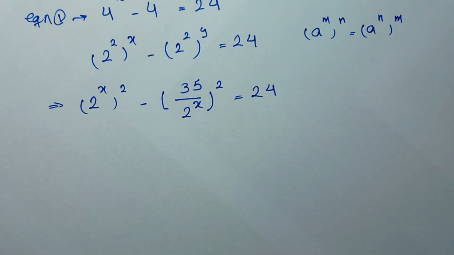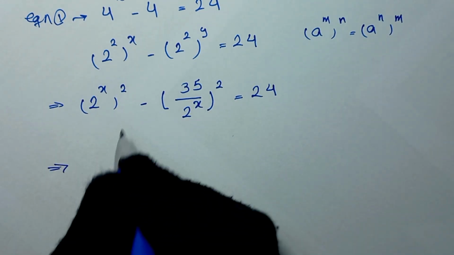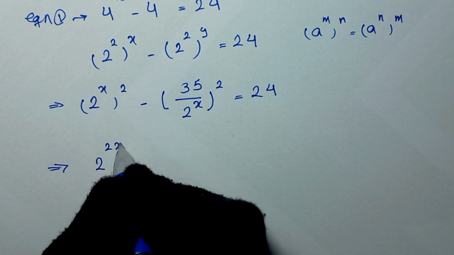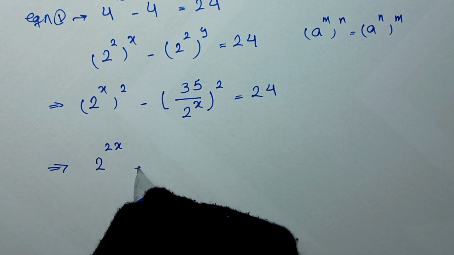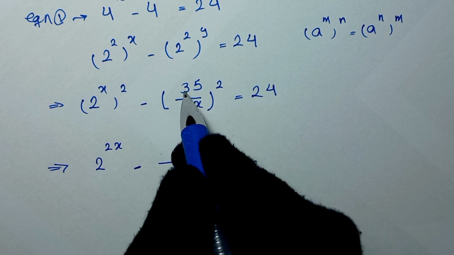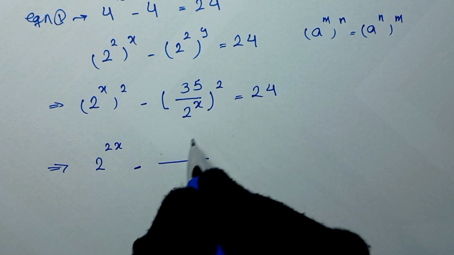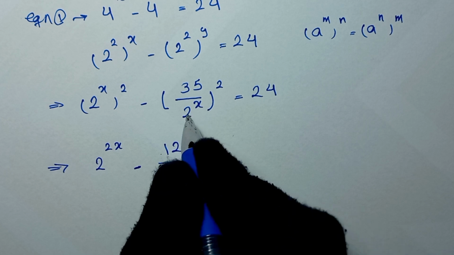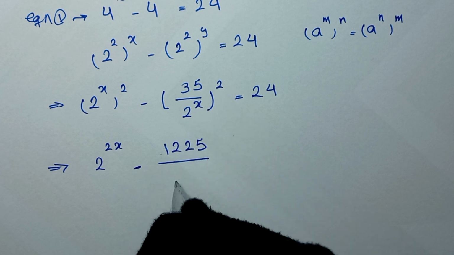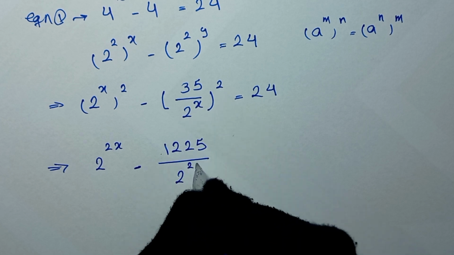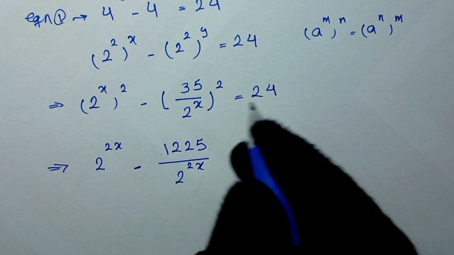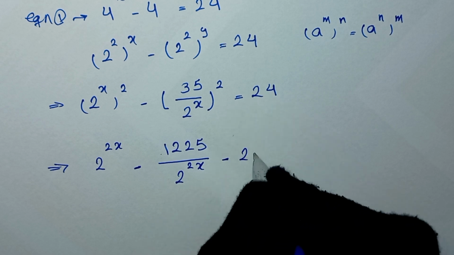And next step, it will be 2 to the power of, in here we can write this as 2x, right? Negative 35 to the power of 2, it will be 1225, and over 2 to the power of x to the power of 2, it will be 2 to the power of 2x, right? And in here we take this 24 to this side, and it will be negative 24 is equal to 0.